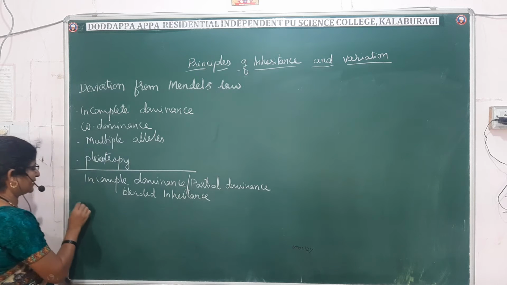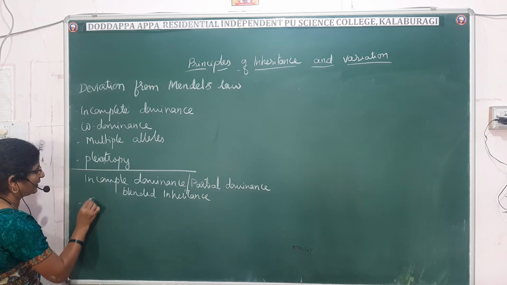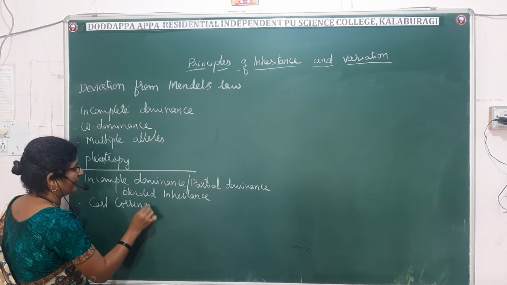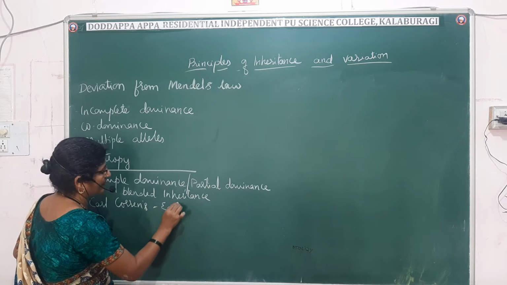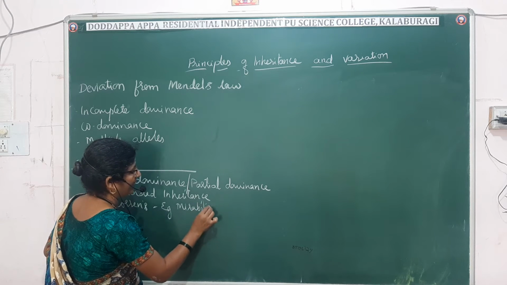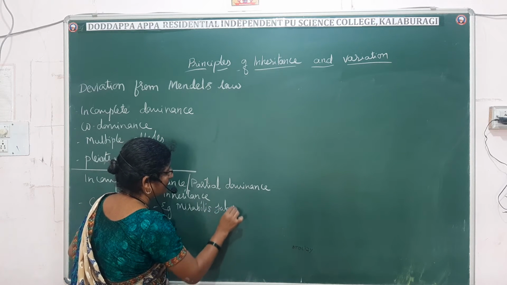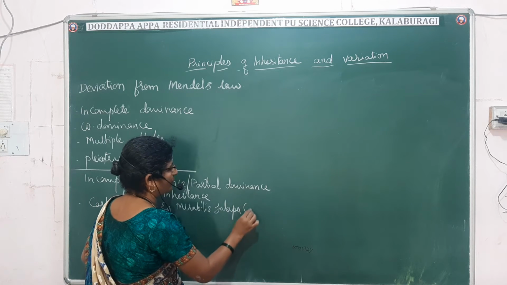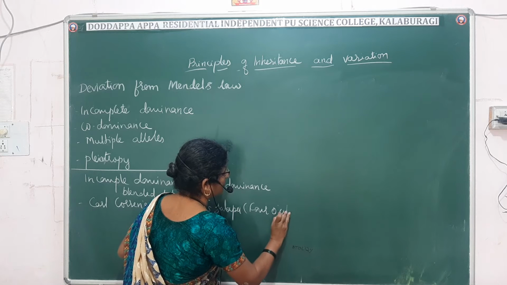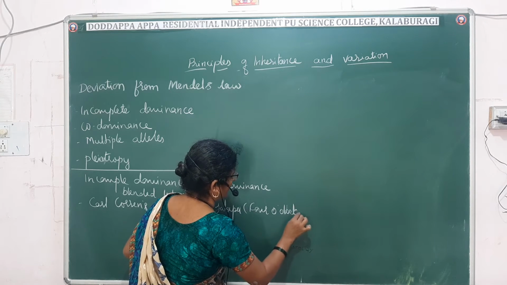And for the first time it was studied in detail by Karl Correns in Mirabilis jalapa, which is called the four o'clock plant.